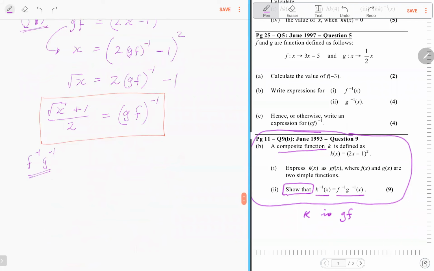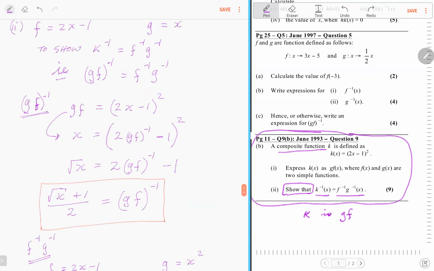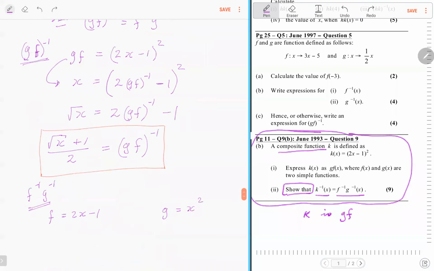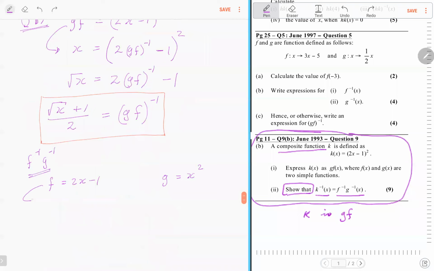Let's write that first. The f is 2x minus 1. And let's do the g over this side. The g is x squared. See there? The g is x squared. So we're going to inverse this one first. We're going to get x equals 2 f to the minus 1 minus 1.